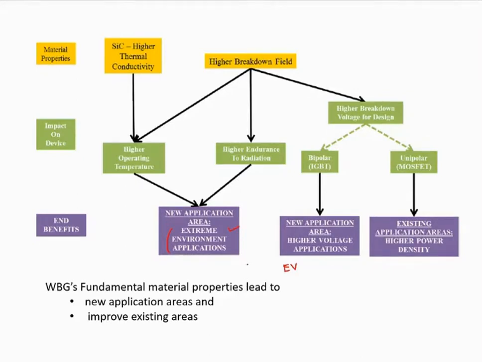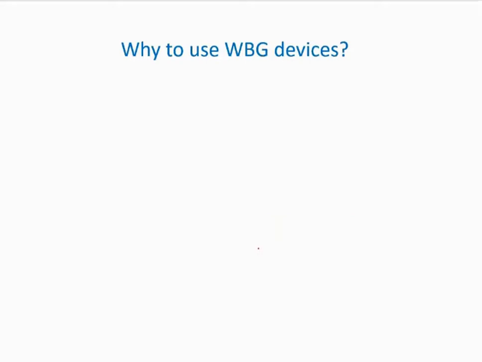So there, if you are applying it in a rural kind of area, then the size, volume and weight figures are not very important. The main figures of importance are cost and reliability. So there you typically will be going with silicon based devices. So it depends on what application you have, and based on that you decide what kind of switch you need.